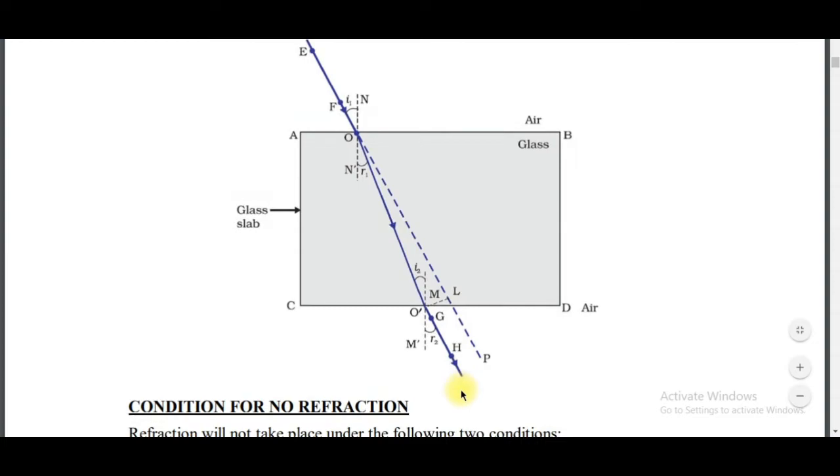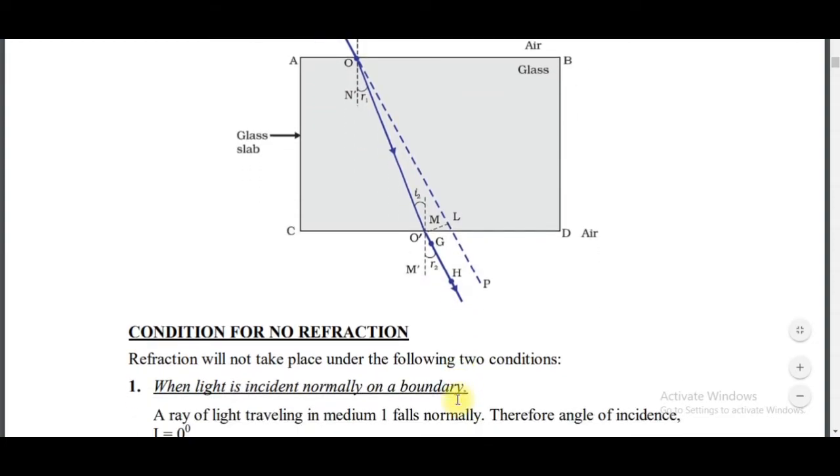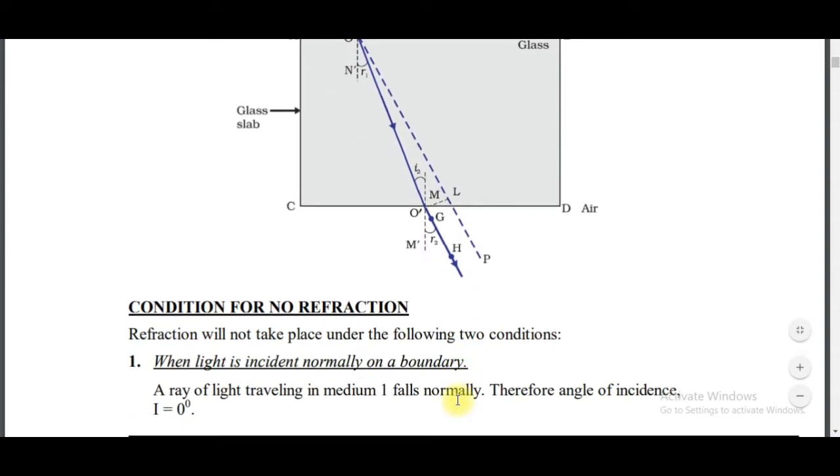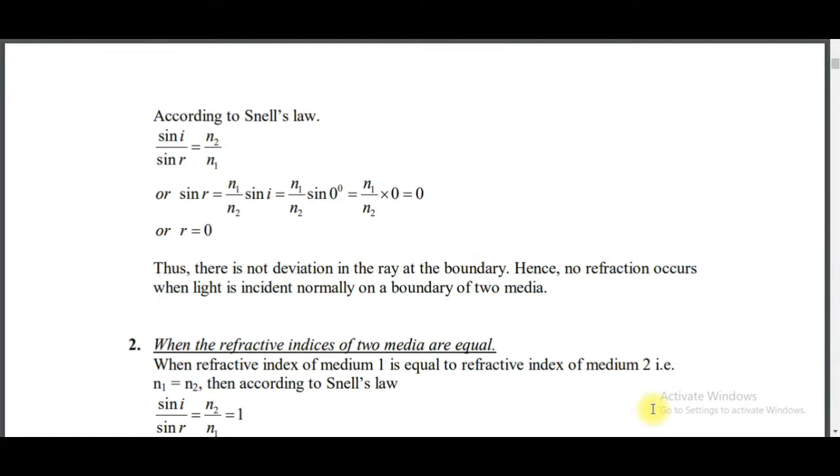Now we shall study some conditions for refraction of light. When light is incident normal to a boundary, a ray of light traveling in medium 1 falls normally, so the angle of incidence is equal to 0.